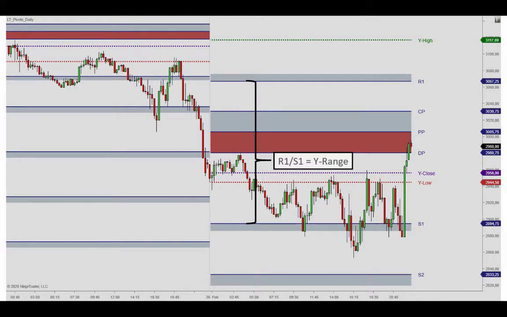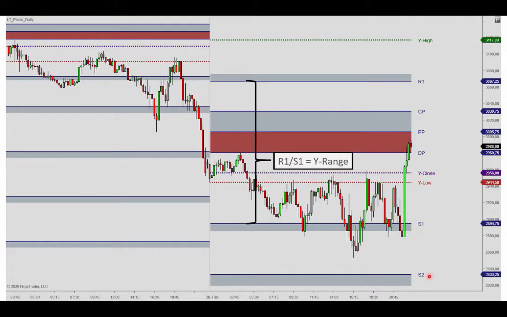And if the market is trading between R1 and S1, the market is said to be range bound. And in those scenarios, you can use S1 here to look for long setups. And once you touch R1, you'd be looking for a short setup.